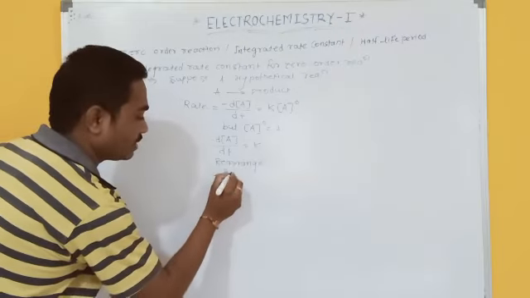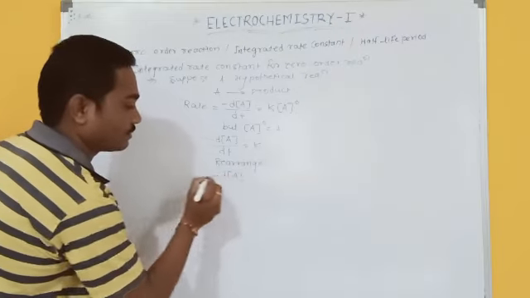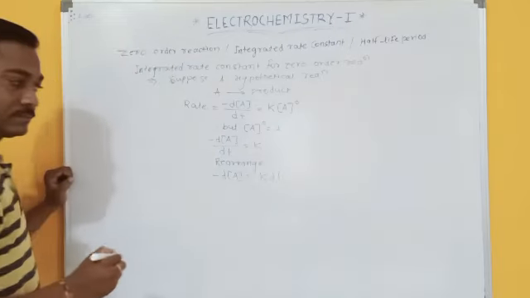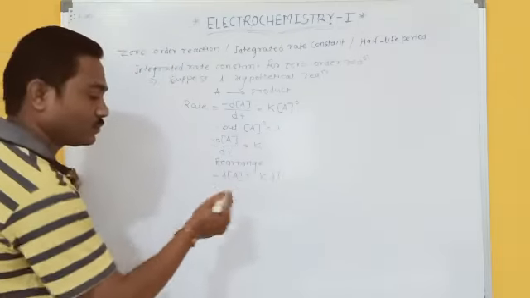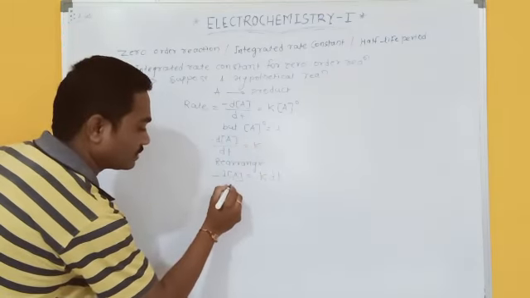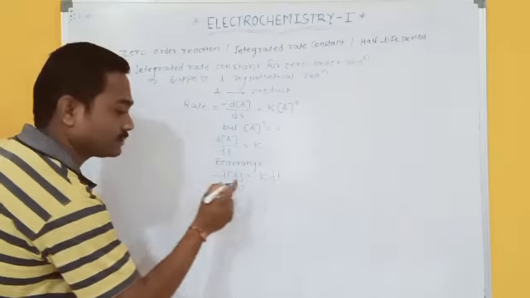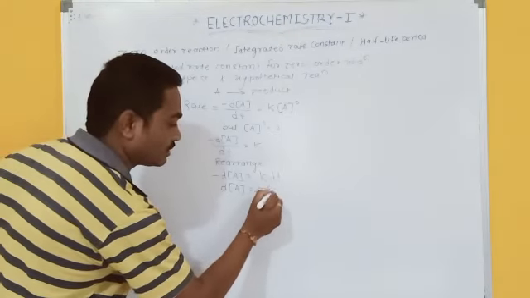Minus d of concentration A is equal to k dt. The negative sign also replaces, minus d becomes plus, then minus k dt.